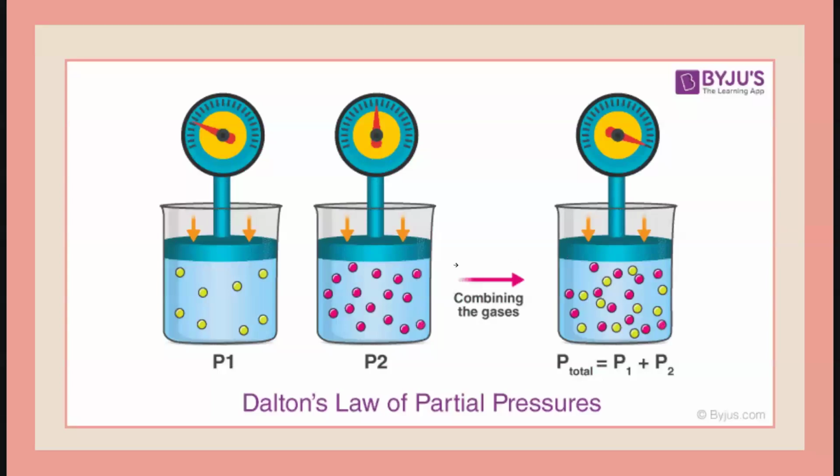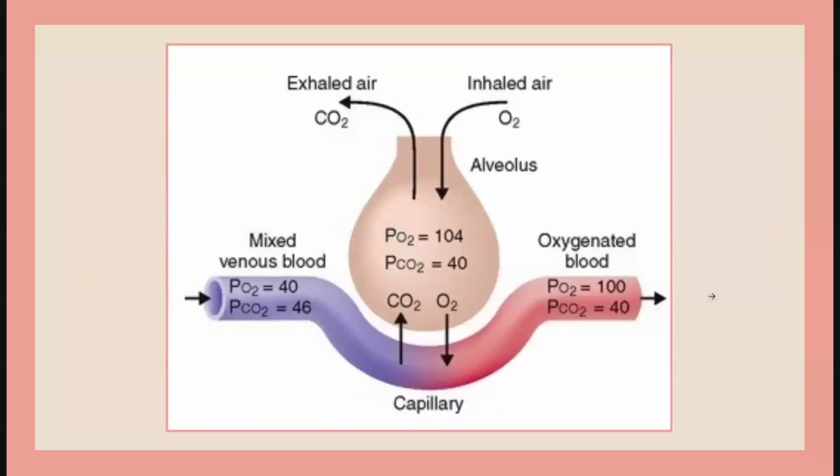And this is just how to calculate partial pressure using Dalton's law. Essentially, the pressure exerted by one molecule plus the pressure exerted by the other molecule is the total amount of partial pressure in a gas. And so here we go. These are the partial pressures of the blood.